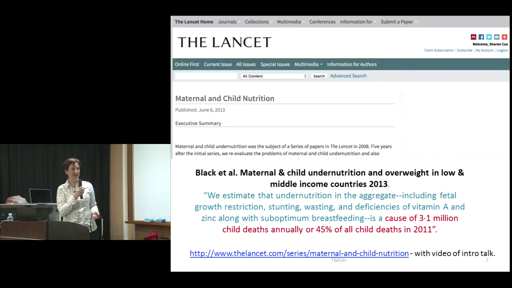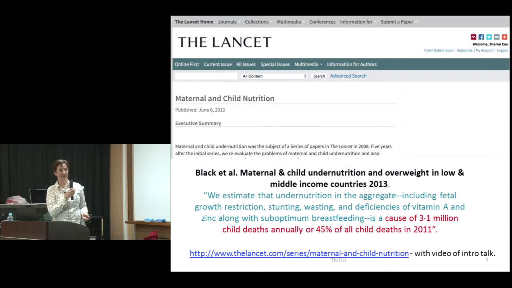And then there's a more recent analysis. So now we've gone from 1995 to 2013, and a similar analysis, and still we estimate that undernutrition in aggregate, including fetal growth restriction, stunting, wasting, and deficiencies of vitamin A and zinc, along with suboptimum breastfeeding, is a cause of 3.1 million deaths, and 45% of all child deaths.